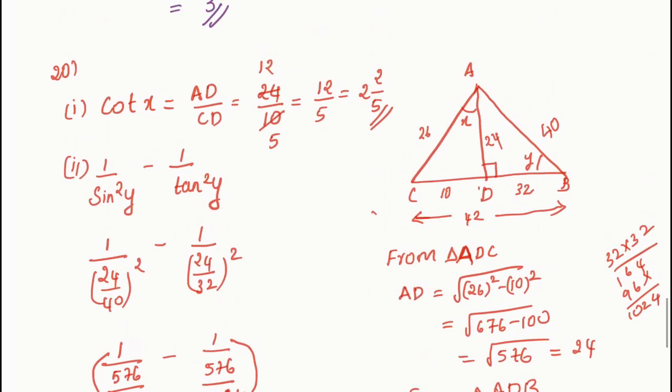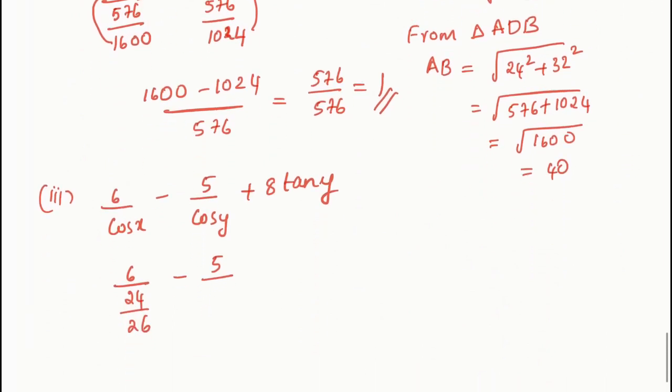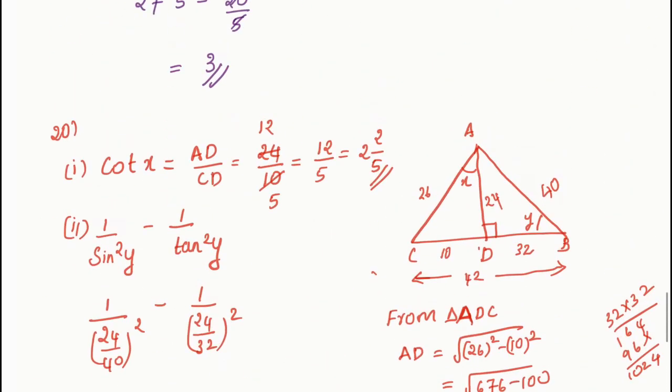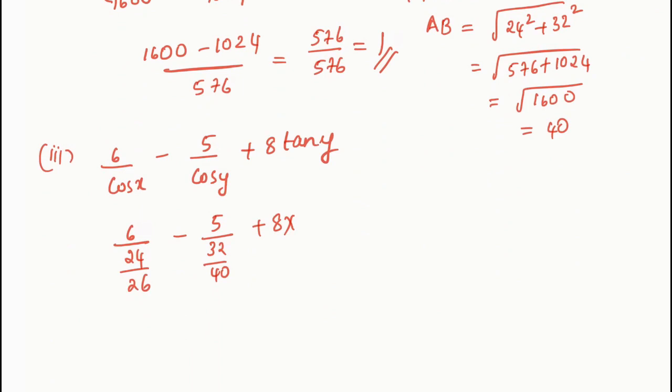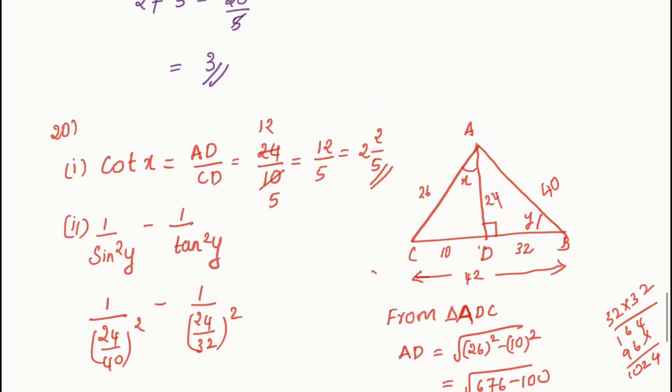What is cos y here again? Base by hypotenuse, 32 by 40, plus 8 times tan y. Tan y is perpendicular by base, that is 24 by 32. Correct?